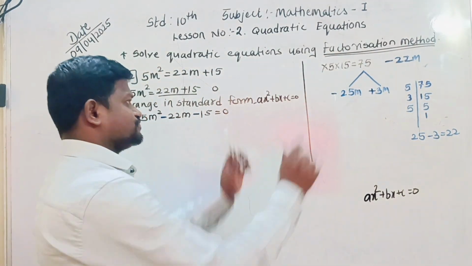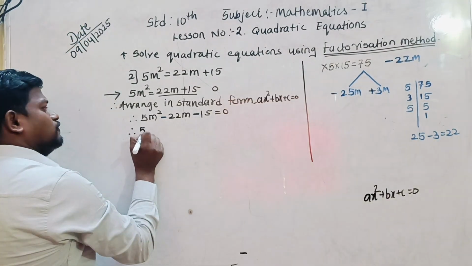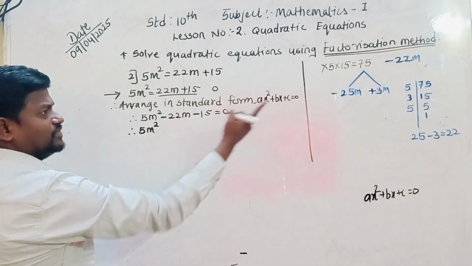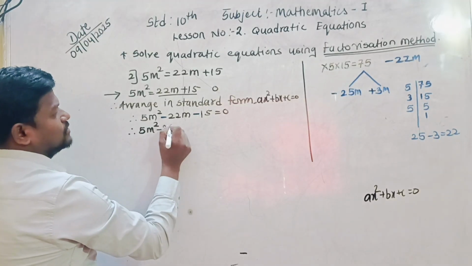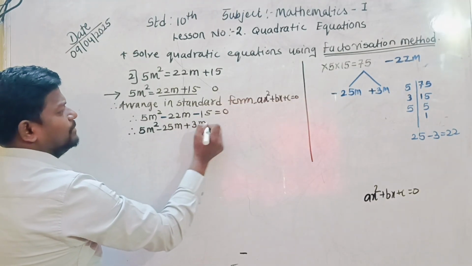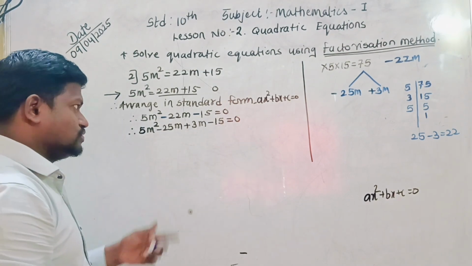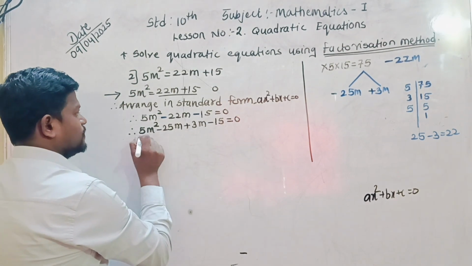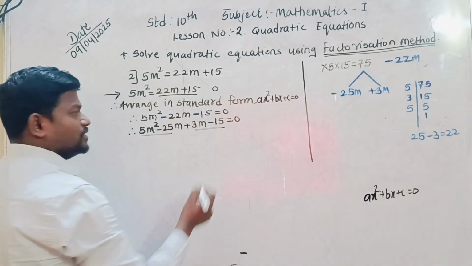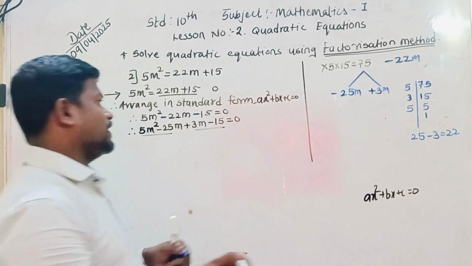Okay, so now use this: 5m square, then write down minus 25m plus 3m minus 15 equal to 0. Then group into two and find the factors.